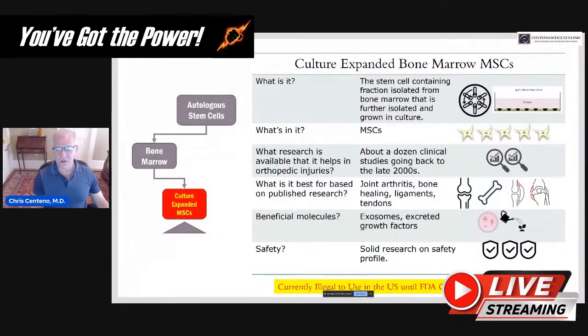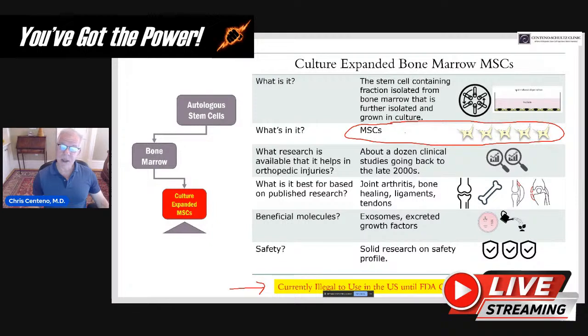Then we get into culture expanded bone marrow mesenchymal stem cells. Again, currently illegal to use in the United States. And this is where we take that bone marrow concentrate and then we further isolate it and grow it in culture until we get to a pure population of only mesenchymal stem cells.